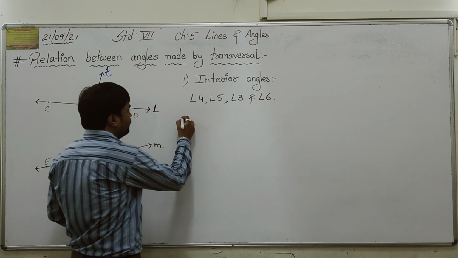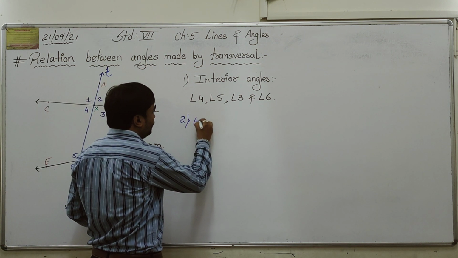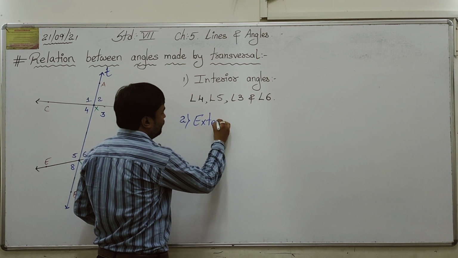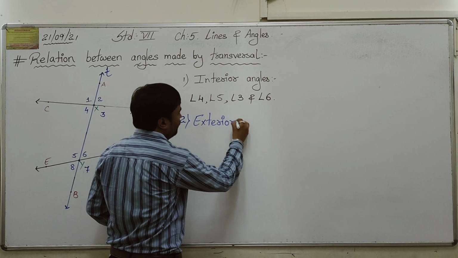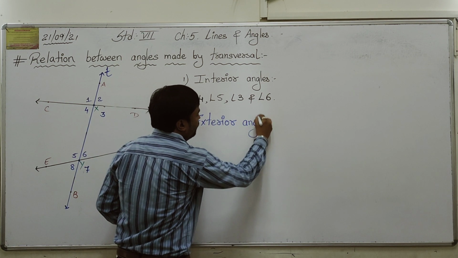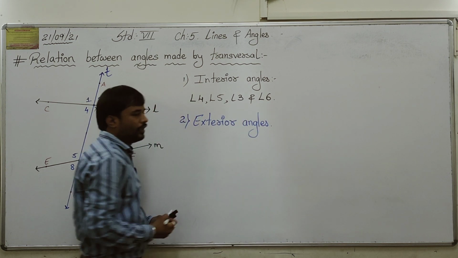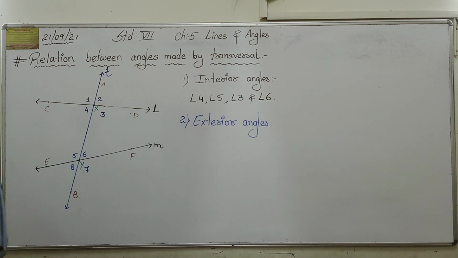Second one, exterior angles. Exterior means outside the part. So here you can see that one is outside.